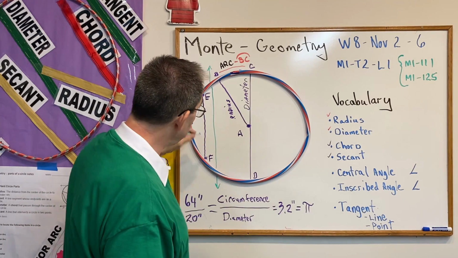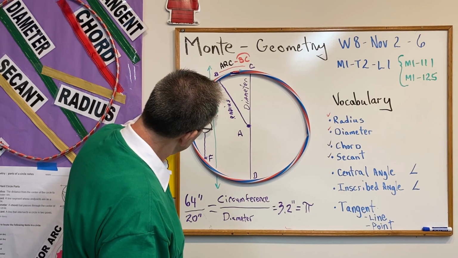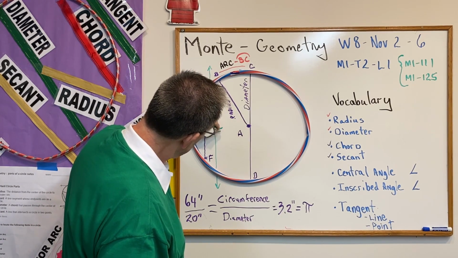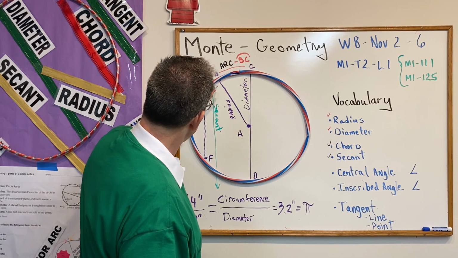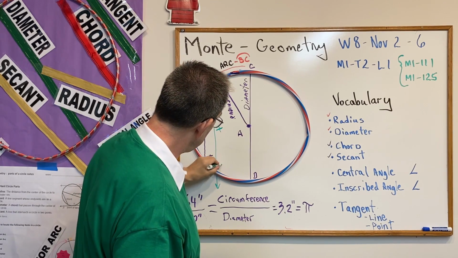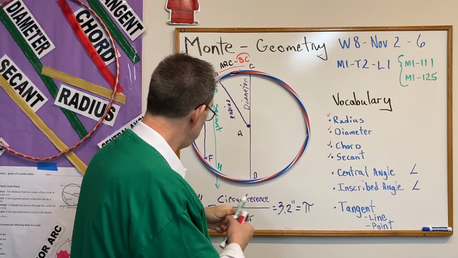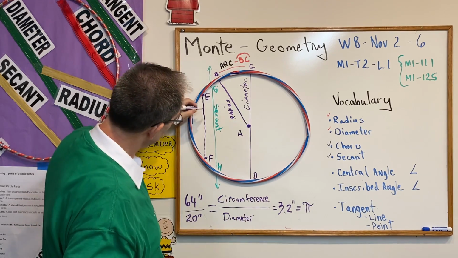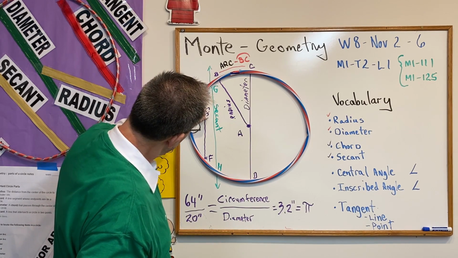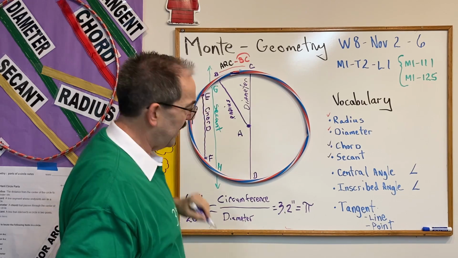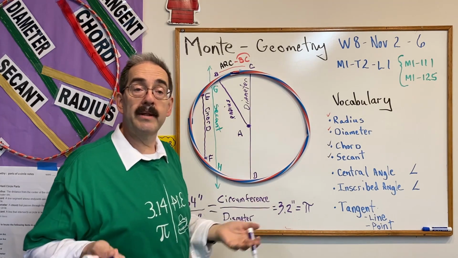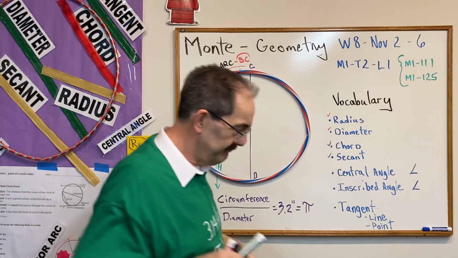That's called a secant. E, F, G, H, and I'll write secant, that's a chord. And it's pronounced chord, like in music. I know it's a CH, but, okay?